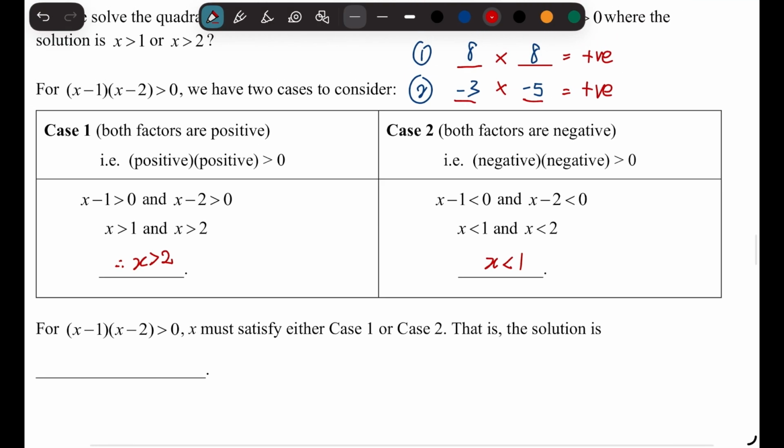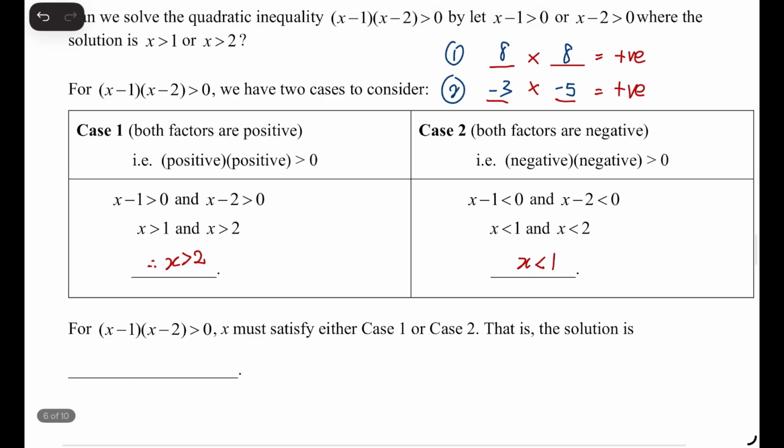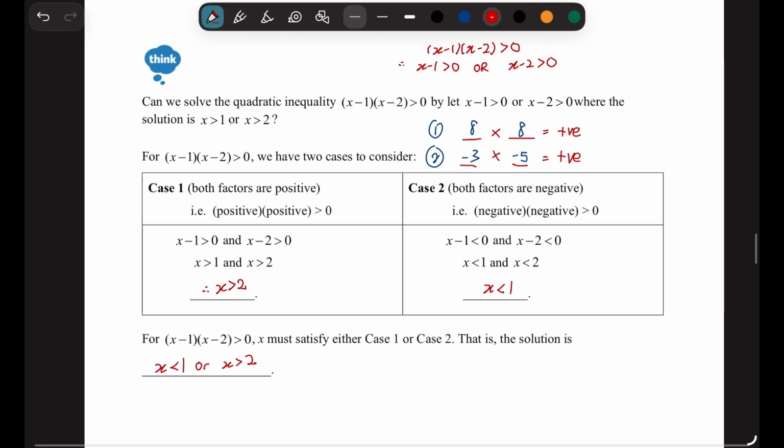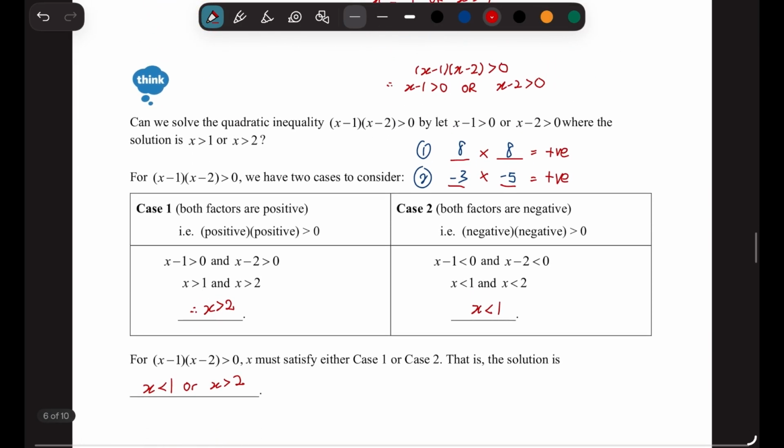So x must satisfy either case 1 or case 2. The solution is x is less than 1 or x is greater than 2, which is the same answer as what we got earlier.